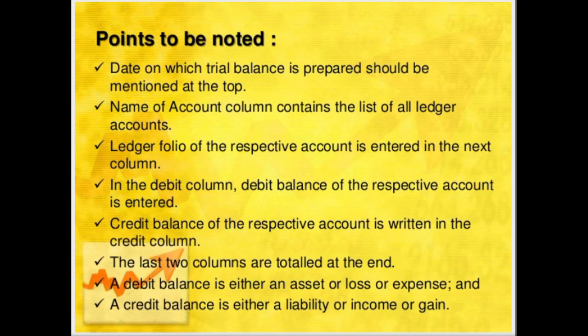So whatever the balance in these accounts appears in the ledger, these accounts should be mentioned on the debit side in the trial balance, while liability, income, gain and capital, all these are credit balances. So in the credit column we have to write these amounts, whatever we achieved or received after preparing the ledger in the previous step.